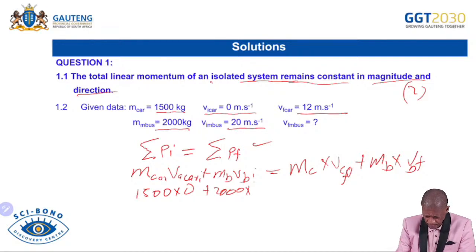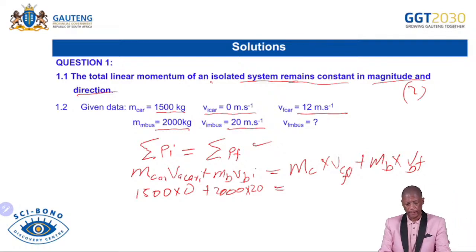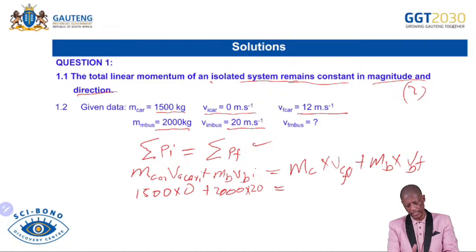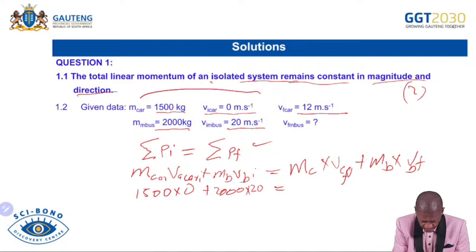It's moving at 20. That is initial. This is the side that everything started. We have substituted this information as before.